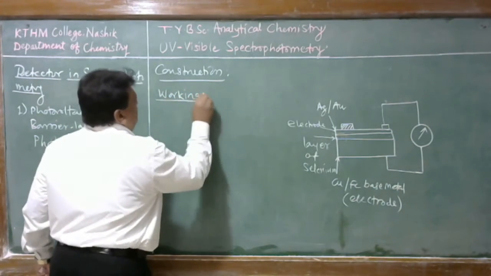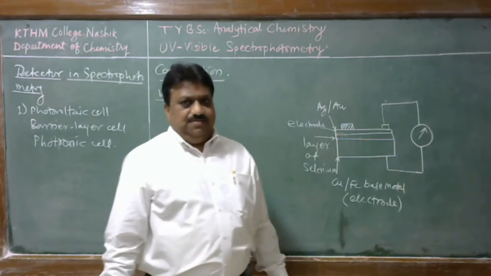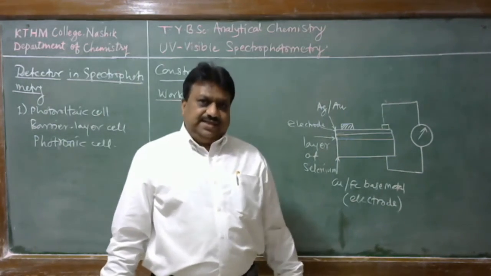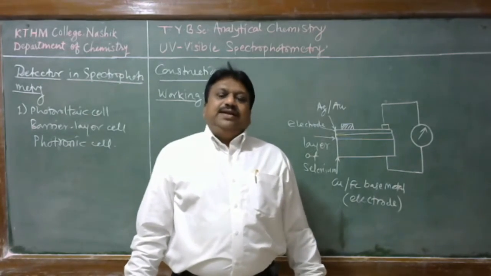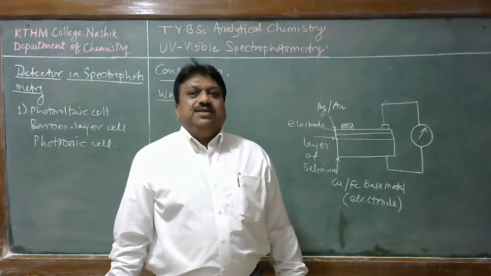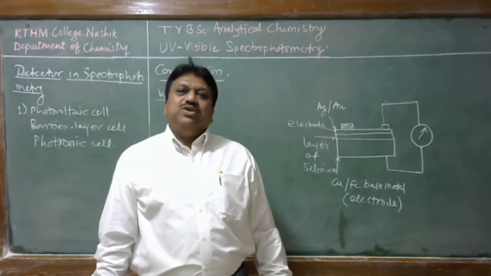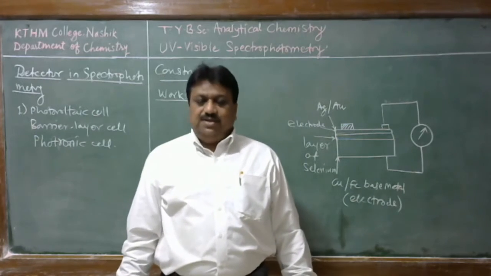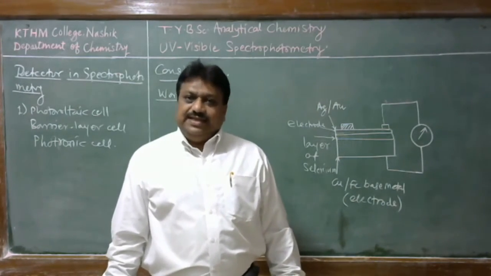When a radiant power which is transmitted through the sample falls on the detector. In an instrument, you know the position of detector. Detector is placed in between sample cell and the recorder. Therefore, radiant power which is not absorbed by the sample, or which is transmitted through the sample, falls on the detector.